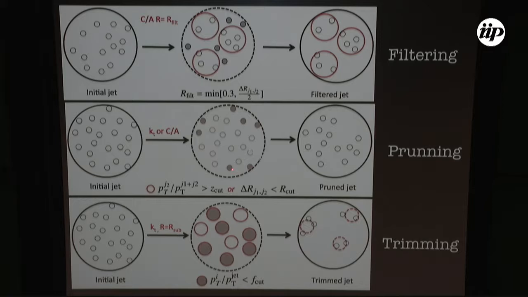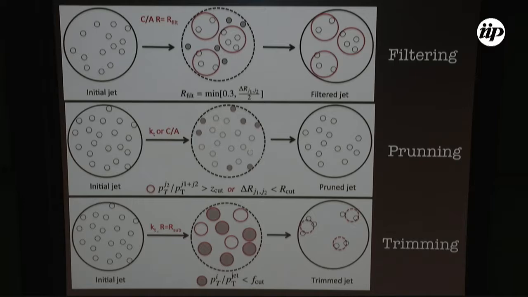If you have clusters which are soft or too far from the center of the jet, you assume they're uncorrelated, that they came from the soft underlying event or pileup, and you throw them away. So pruning is much more aggressive compared to the others. Trimming: you just throw away clusters if they have less than a certain fractional energy of the original jet.